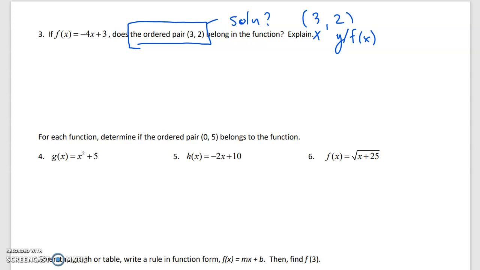So in our function notation here, we're going to replace the entire f of x part with the 2, and then the x, the input, with the 3. And again, I'm going to put a question mark here because I don't know. Negative 4 times 3 is negative 12.